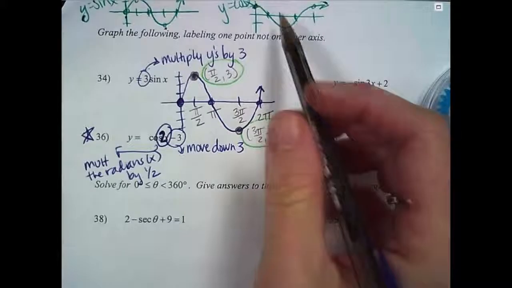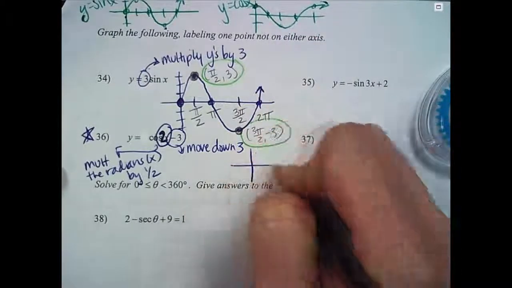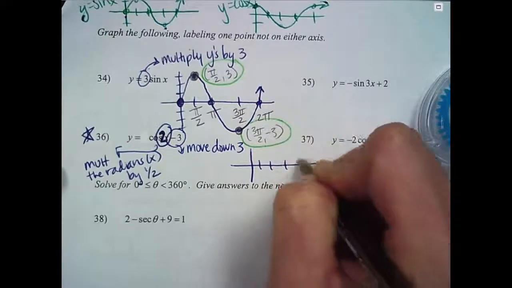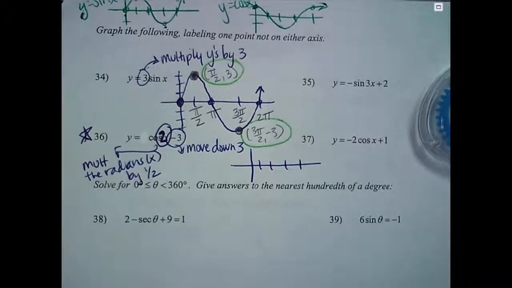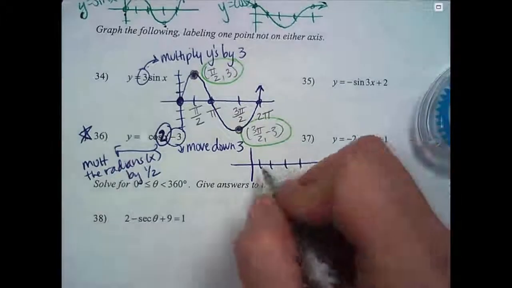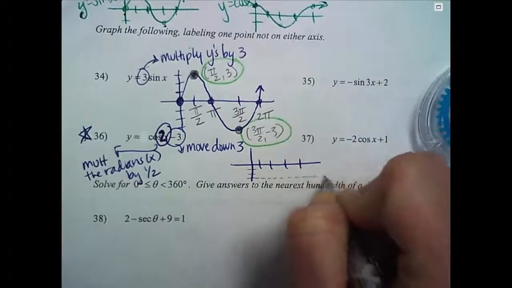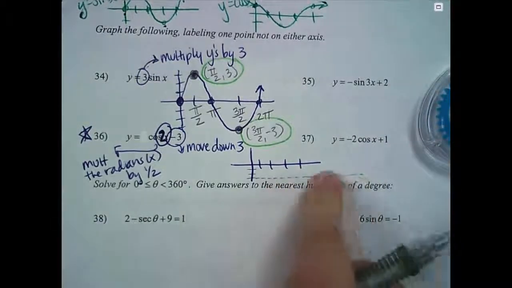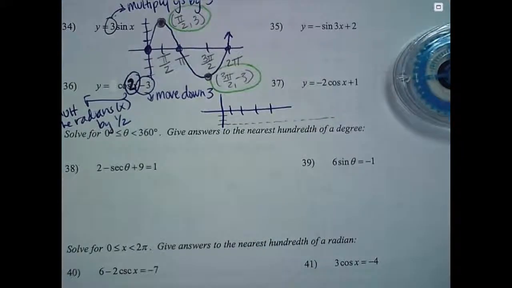So if we take our cosine graph, which is up here, the first step is let's come up with our new radians. Okay, if you move down 3, remember we're going to move down 3, and this is our new part we're going to draw. This is our new axis. So that's done.